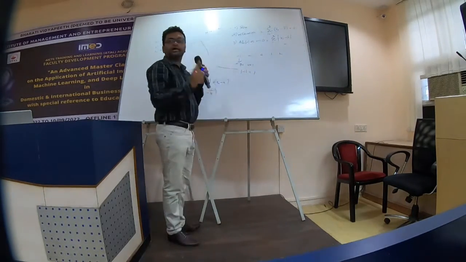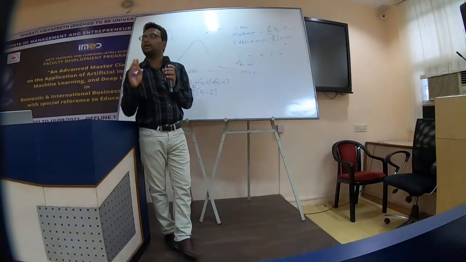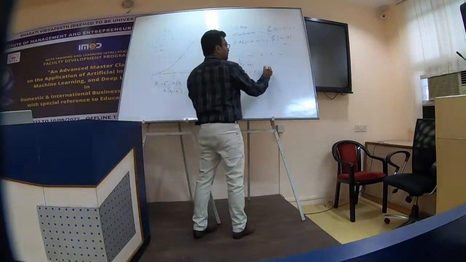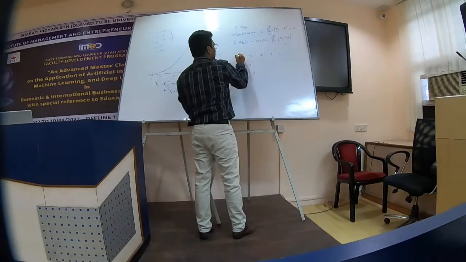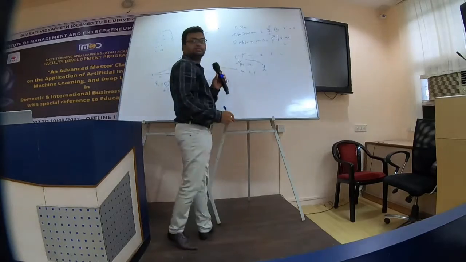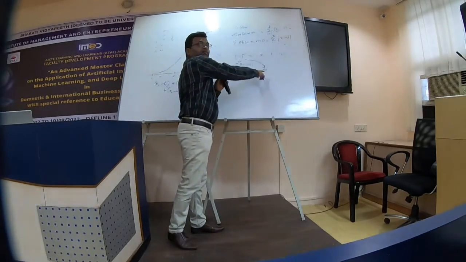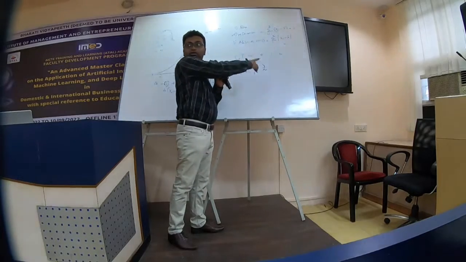So for minus conversion to plus conversion, one possibility is modulus. Can you give another possibility? Square. I can square, I can convert negative to positive also. Yes or no? Minus square is plus.